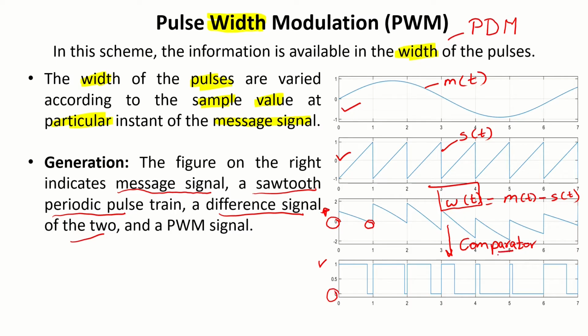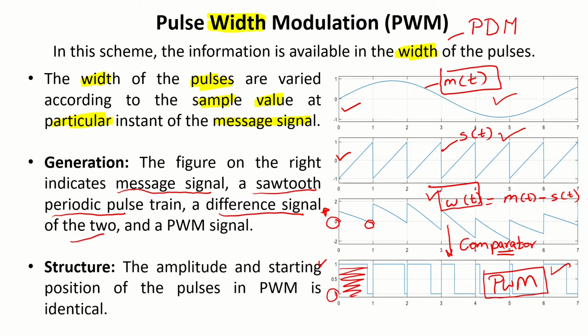So based on this comparator, we have this PWM waveform where we represent this message signal in terms of distinct widths of this PWM signal. That is, we have M of t and we subtract the sawtooth signal to achieve W of t, that is a difference signal, and afterwards we use a comparator to achieve the PWM signal.